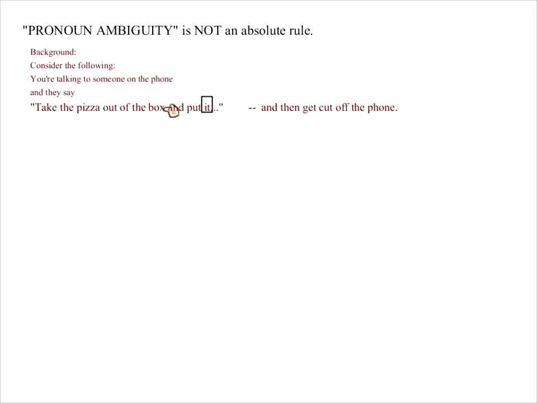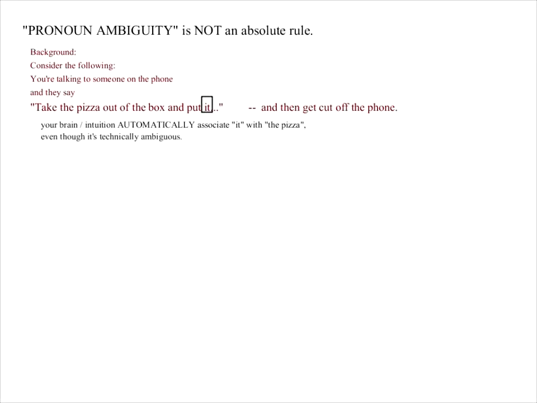Okay, so if you look at people's answers in the text box, we have absolutely uniform responses of the pizza. In other words, your brain and intuition automatically associate it with the pizza, even though we have a perfectly respectable other antecedent, even though it's technically ambiguous.